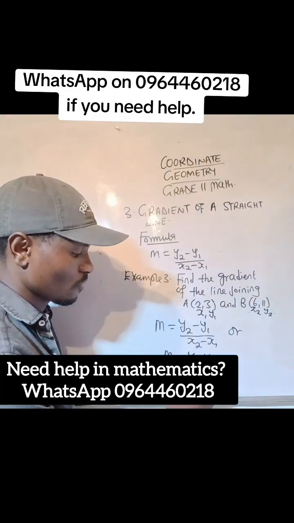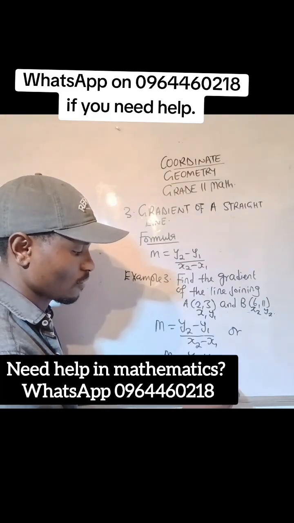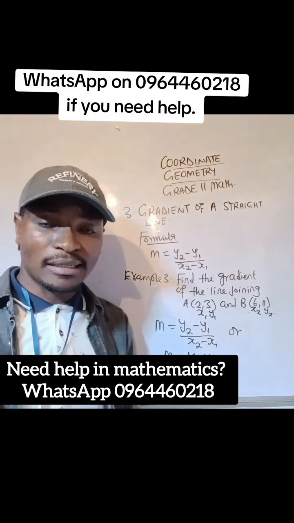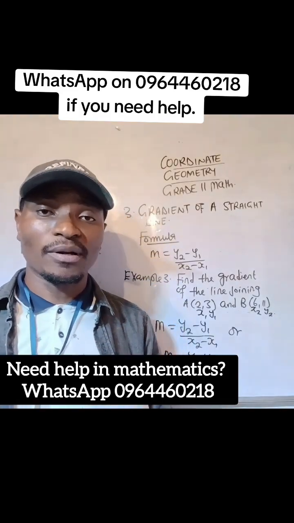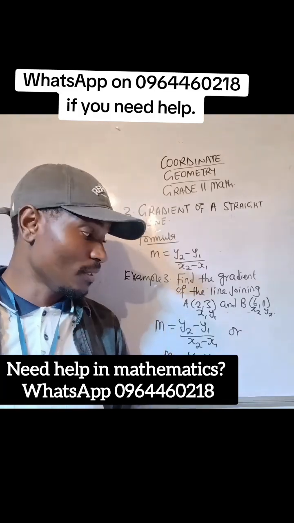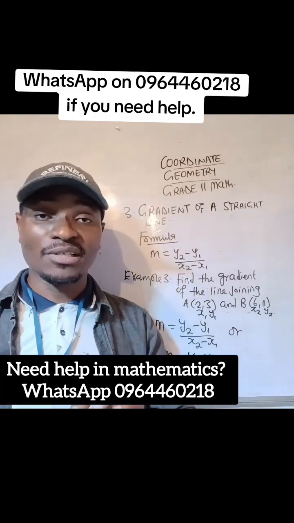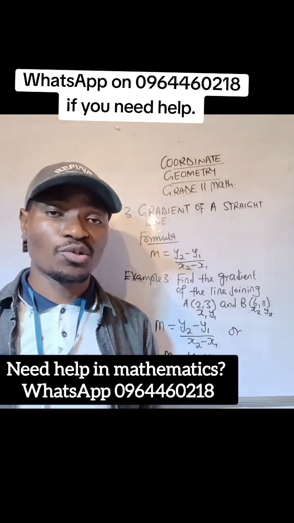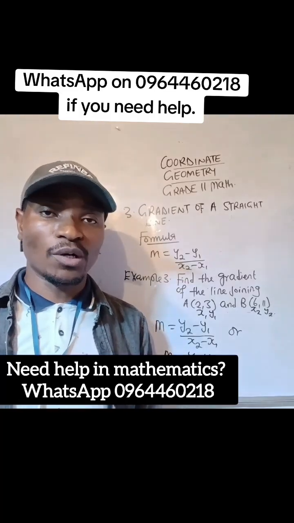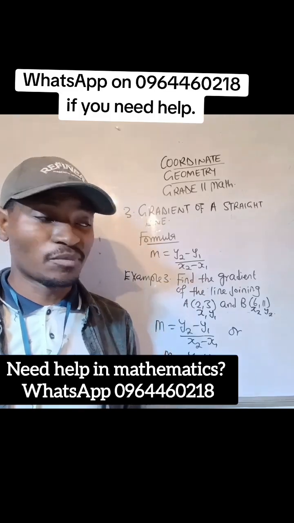So it is going to be x1 minus x2. Just make sure that you properly arrange them in that way. Otherwise, any misarrangement is going to cause you trouble. You are going to fail this question terribly.